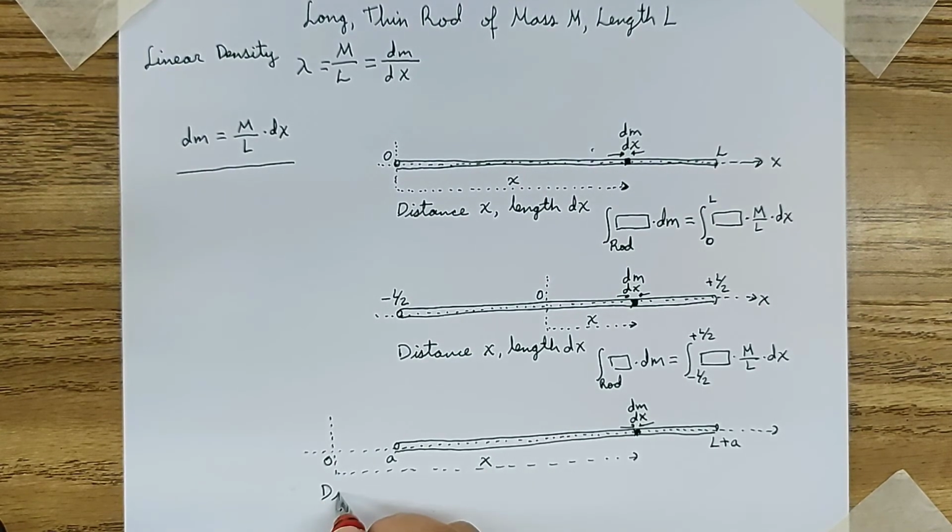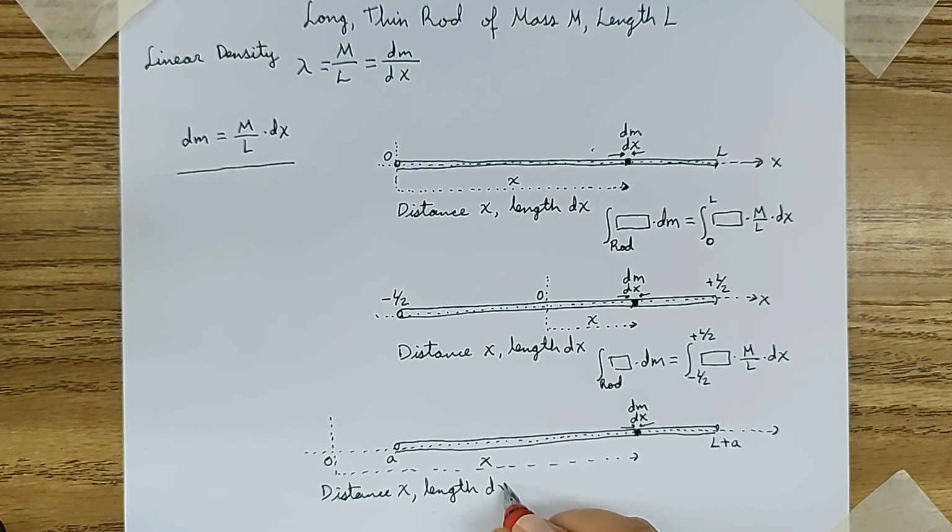So your distance, which is x, has a minimum value of a and a maximum value of L plus a, and the length is dx.